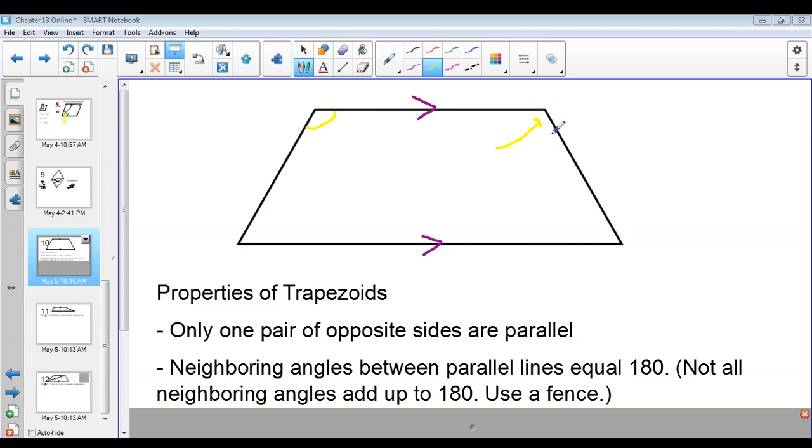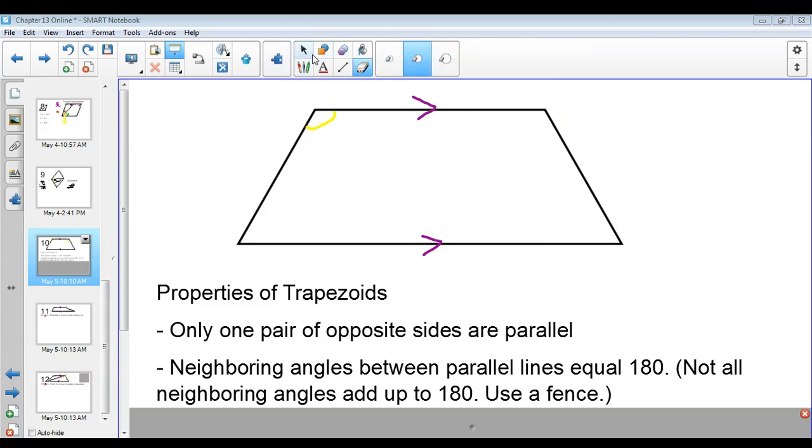It's also more than 90 degrees. If both of those angles are more than 90 degrees, then when I add them together, something more than 90 plus something more than 90 is going to give me something more than 180. So that rule of 180 is not true in all the neighboring angles of a trapezoid.